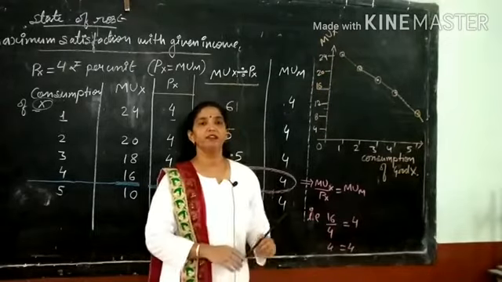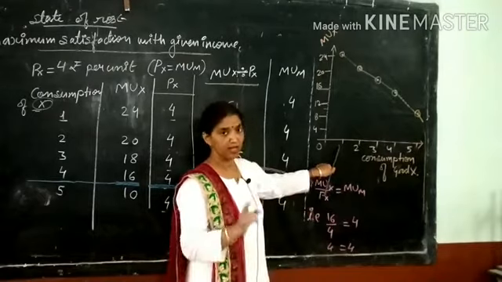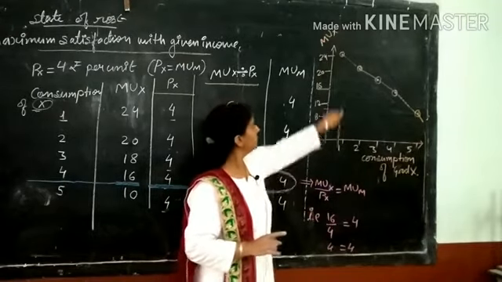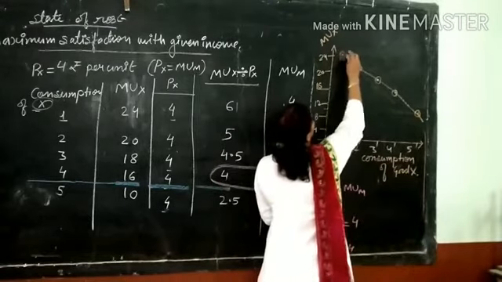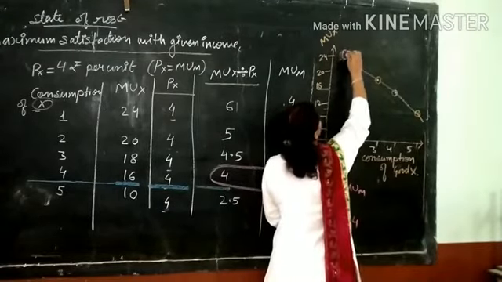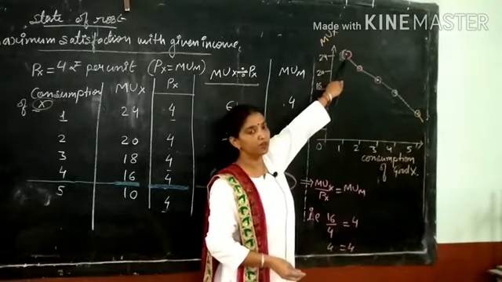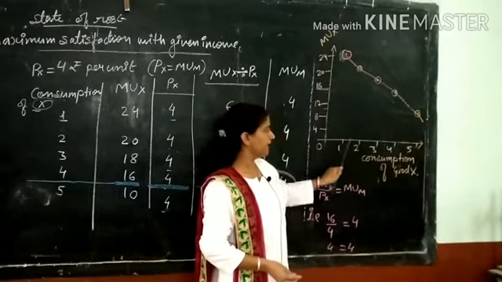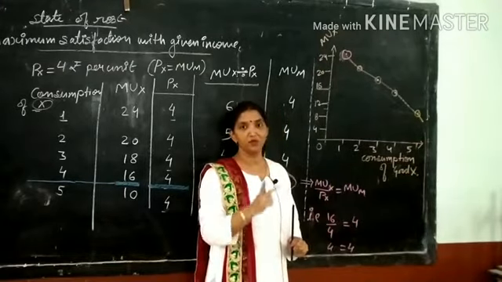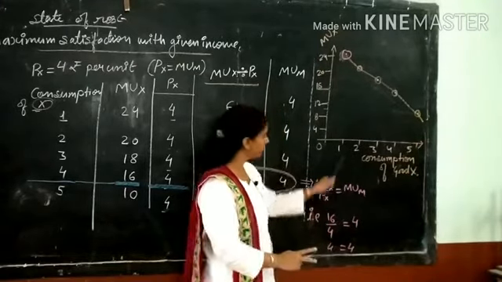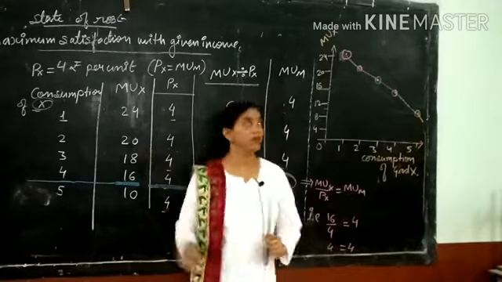At the first level of consumption, when the consumer is consuming 1 unit of good X, he is getting 24 utils. Okay. So, I marked the point for 24 and 1. When the consumer is consuming 2 units of good X, he is getting marginal utility of 20.